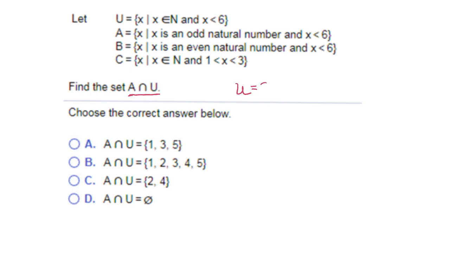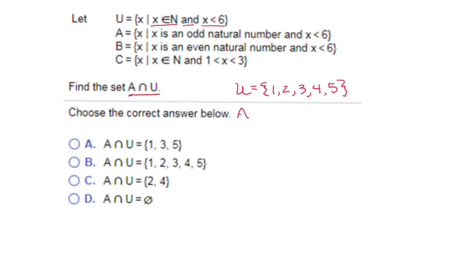Here's my universal set. The universal set is all x's such that x is a natural number and x is less than 6. So natural numbers start with 1 and increase from there, and we want to stop at the numbers that are less than 6. So 1, 2, 3, 4, 5.